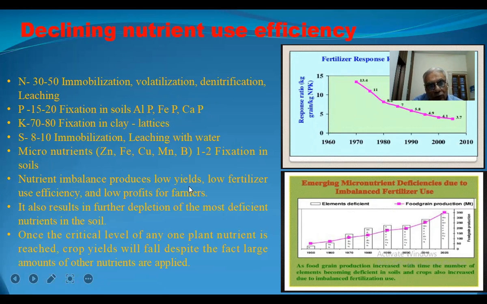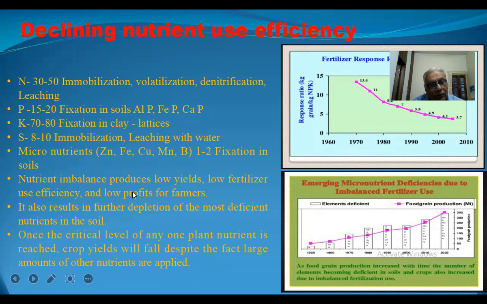Nutrient imbalance produces low yield, low fertilizer use efficiency, and low profit for farmers. Suppose you are applying 100 kg nitrogen per hectare through ammonium sulfate or urea, but its efficiency is only 10%. Then the farmers are not getting more profit from farming because more expenditure is incurred on fertilizer cost.